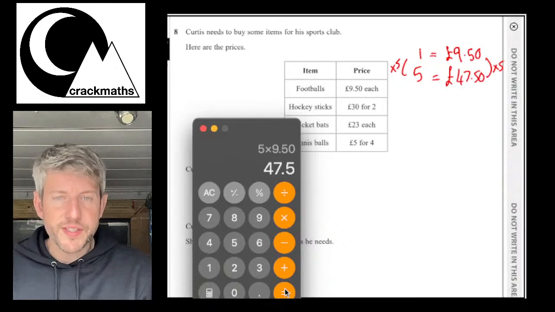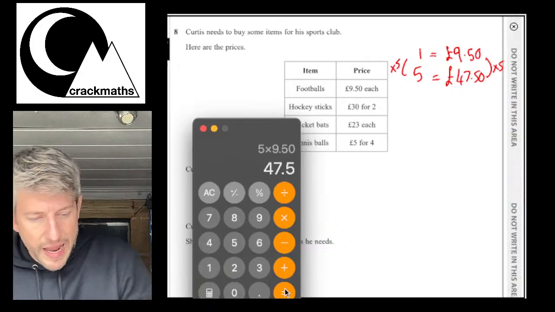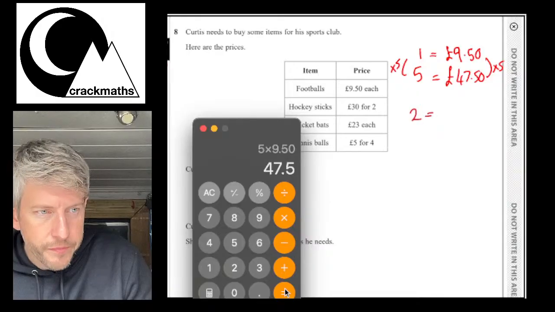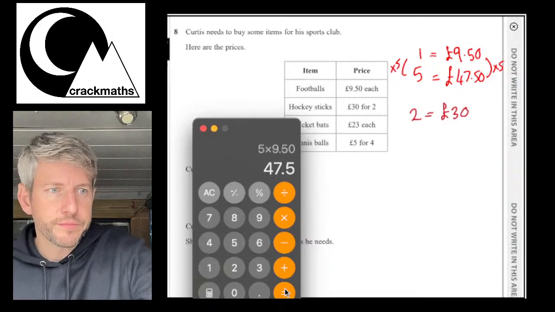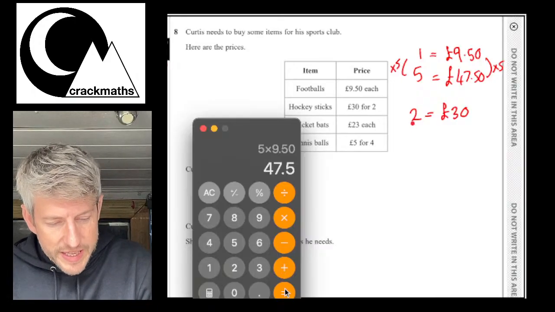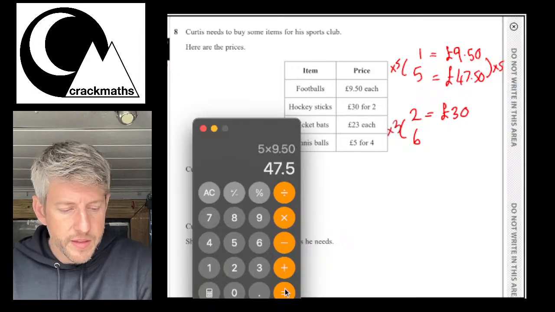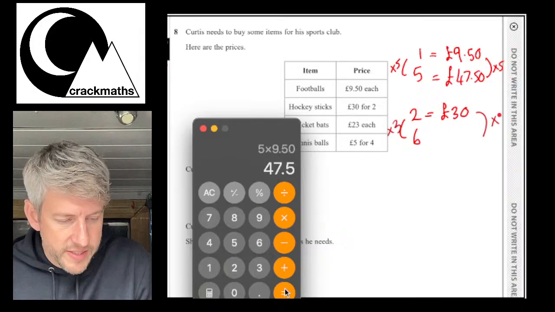Next one, we've got hockey sticks, £30 for 2. So for the hockey sticks, we know that 2 equals £30. If we know that 2 equals £30, we need to get to 6. So I know that I've done that times 3. So I'm getting 3 lots of the 2 hockey sticks.